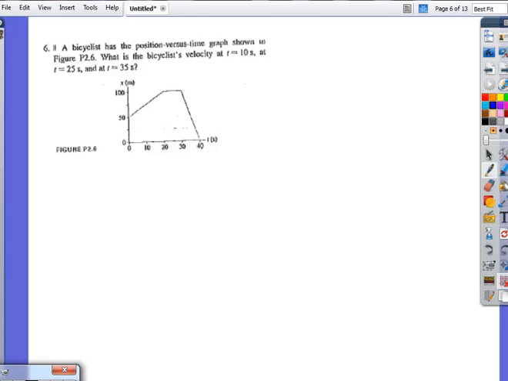We have a bicyclist whose position and time graph is shown. What is the velocity at 10 seconds, 25 seconds, and 35 seconds? So basically you're just looking at the slope here. At 10 seconds, I'm talking about this region of my graph, so I need to look at the slope. I'm going from 50 to 100, so I'm going up 50 and over 20.